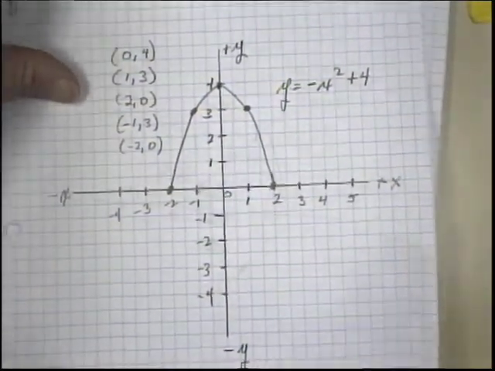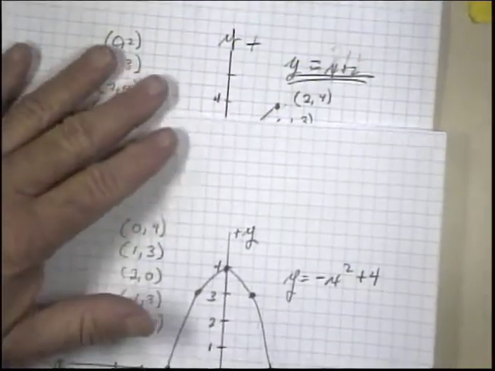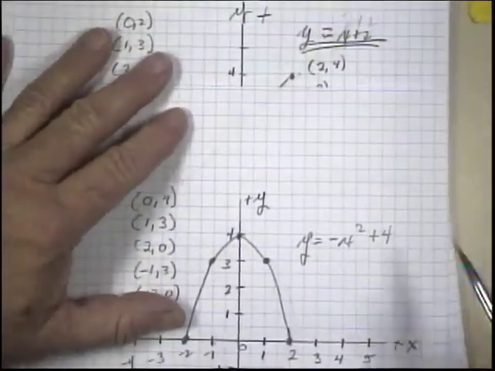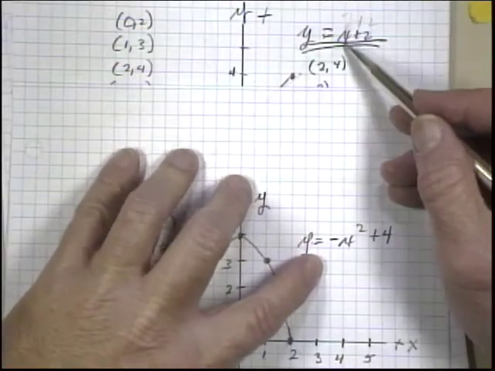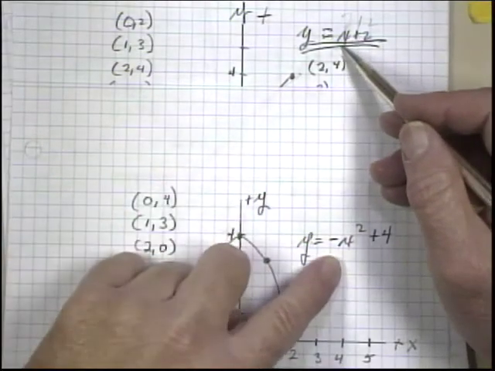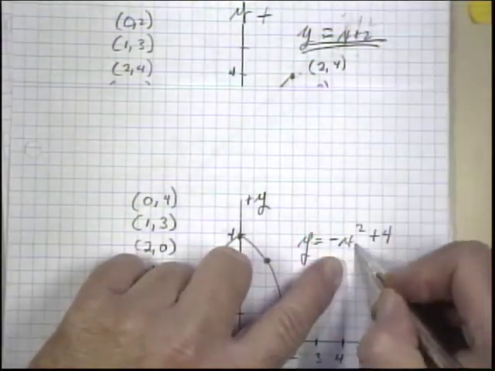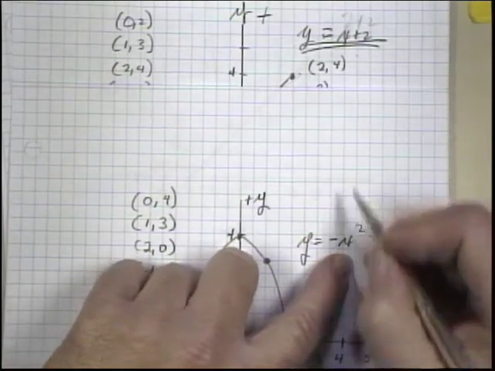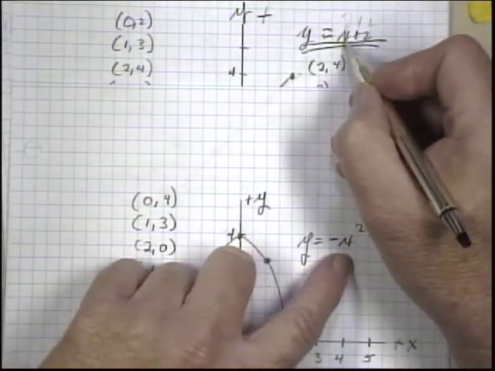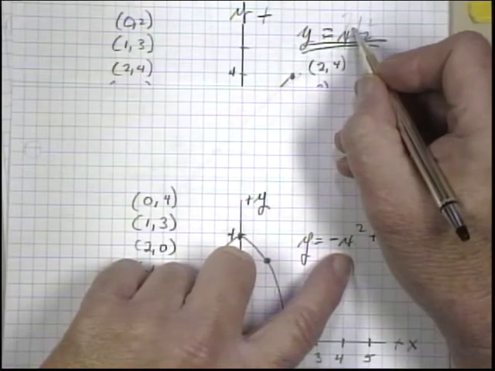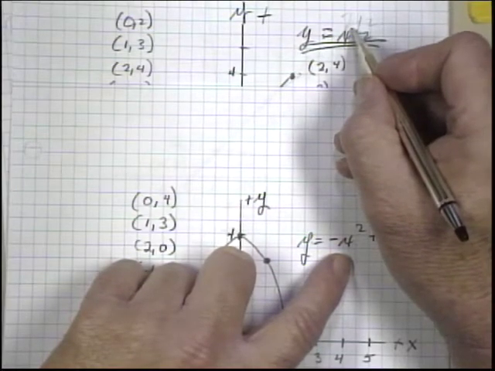Look at the difference between these two equations. The main difference is that in this equation our x is squared, and in this equation our x has an exponent of just 1. It's not being squared.